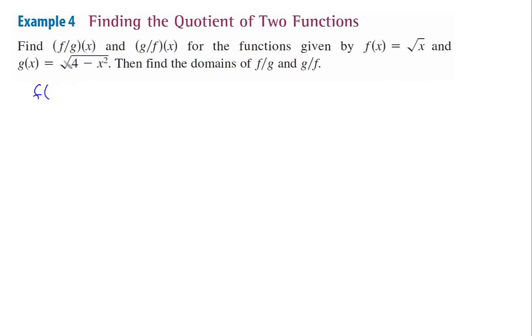So this notation means the same thing as f of x divided by g of x, right? And we know f of x here is given to us. That's square root x. And g of x is square root of 4 minus x squared. Okay? And then we need to find the domains of f divided by g and g divided by f.